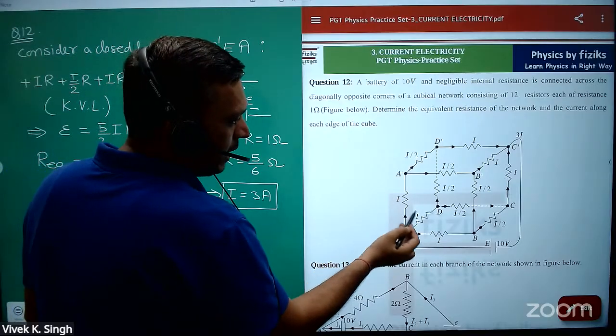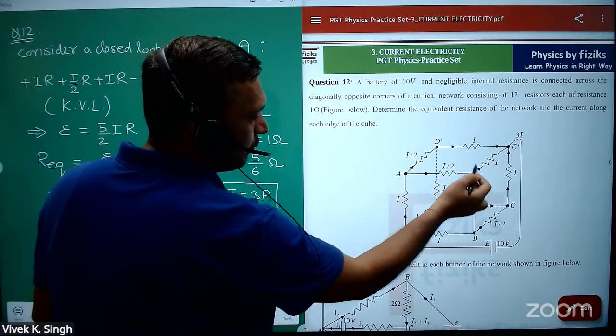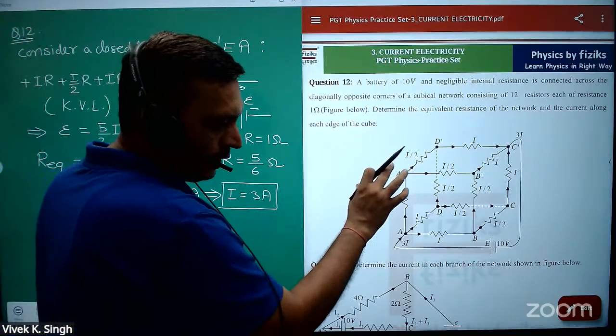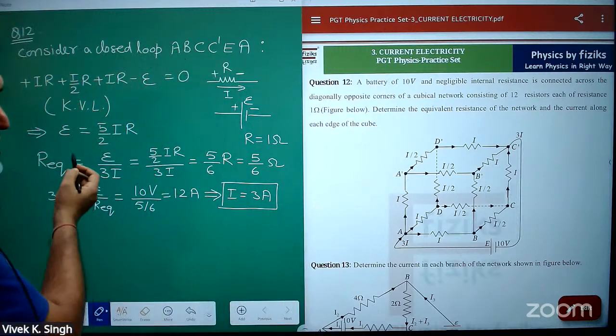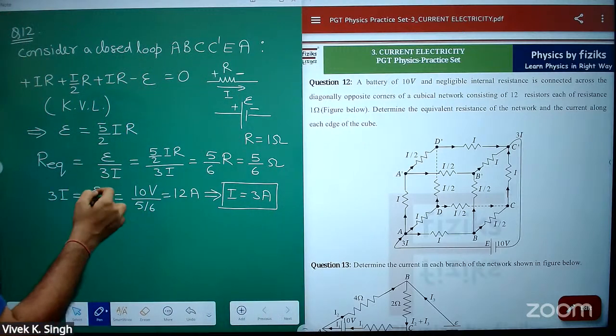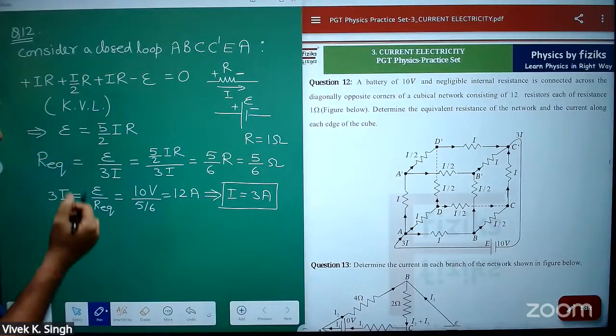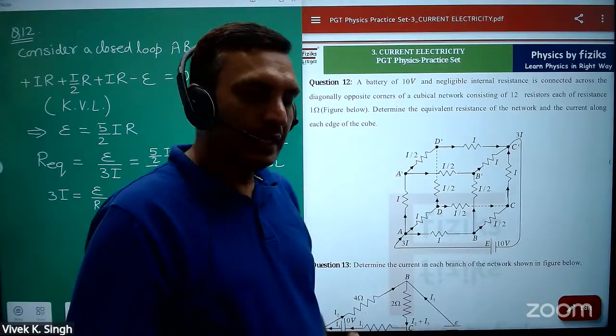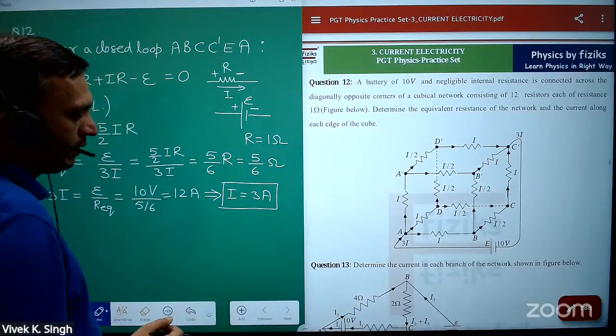This will be 3 ampere, I by 2 will be 1.5 ampere, and so on. So whenever symmetry is involved, using this you can find the equivalent resistance and then find the current also. So this is based on KVL, KCL, and equivalent resistance.